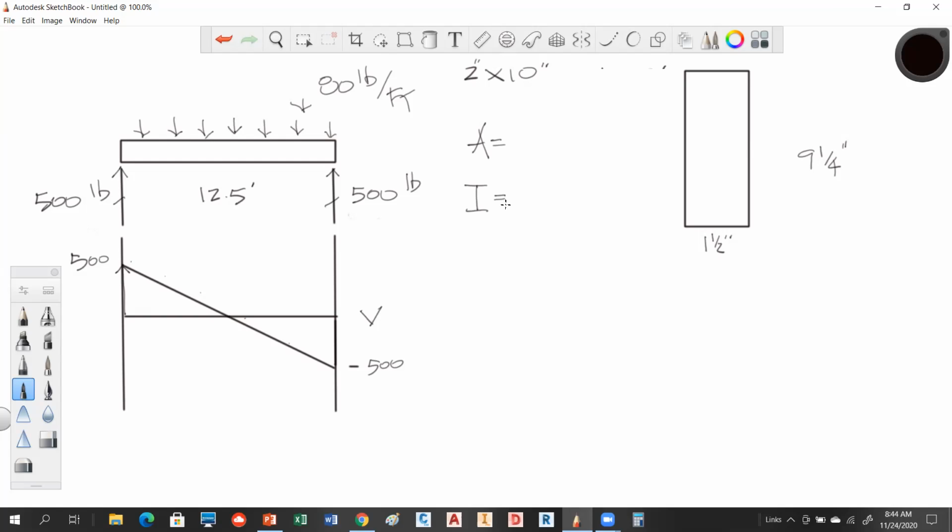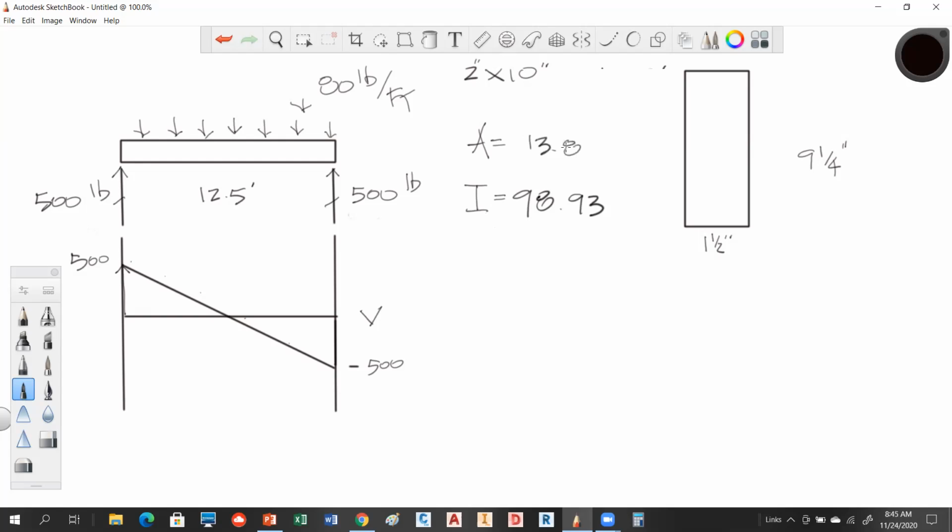I'm looking at YY. 98.93. Are you in table D1? 98.93, okay, I agree with that. What about the area? 13.88. And that's inches squared? Yeah.